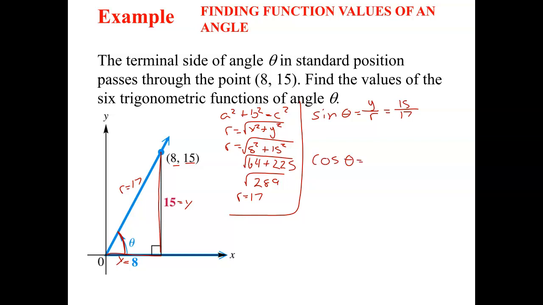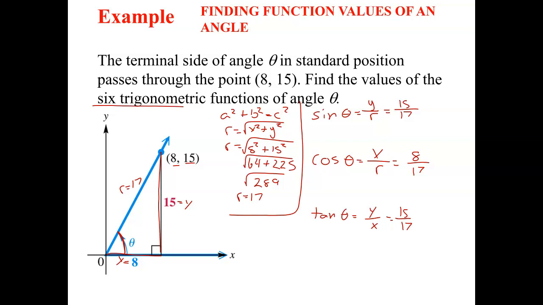What sides are the adjacent and the hypotenuse? My x and the radius, 8 and 17. What about tangent? What's the opposite side? 15, so y over x, 15 over 8. So there's 3 of my 6 functions.